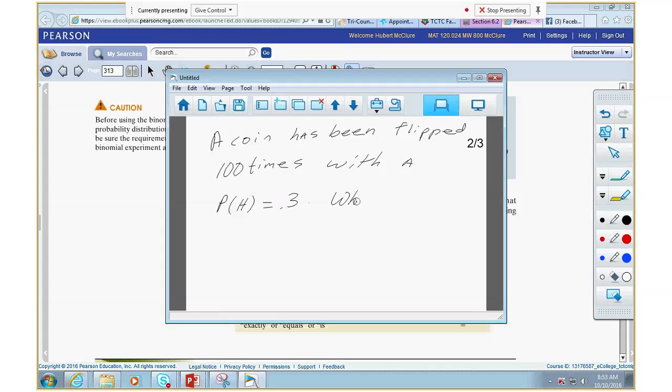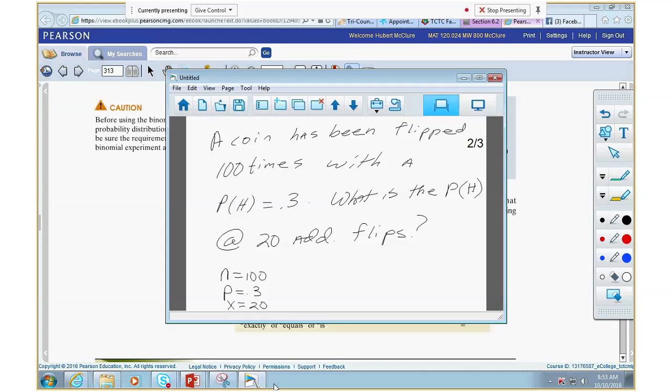What is the probability of heads at 20 additional flips? So this is a very basic question. But N will be 100, P would be 0.3, and X is equal to 20.